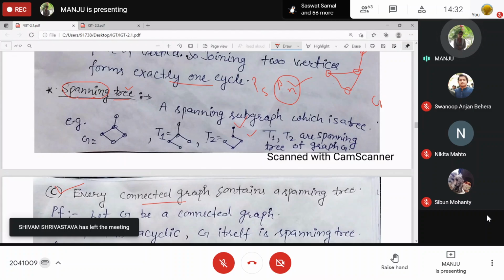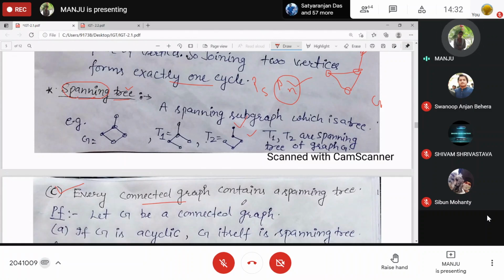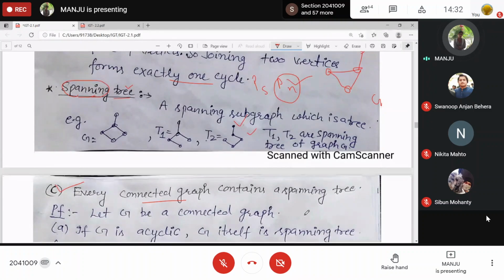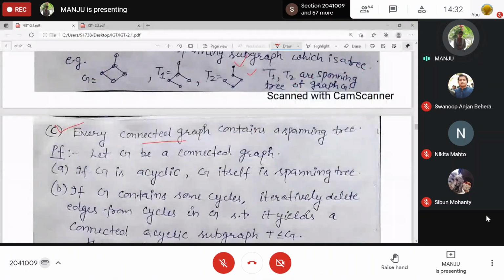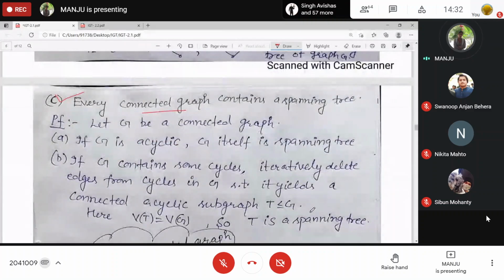So if G is already acyclic, then itself it will be a spanning tree. If it is not acyclic, that is some cycle is present, you will make it acyclic by removing some edges, and then the least possible connected graph will be your spanning tree.